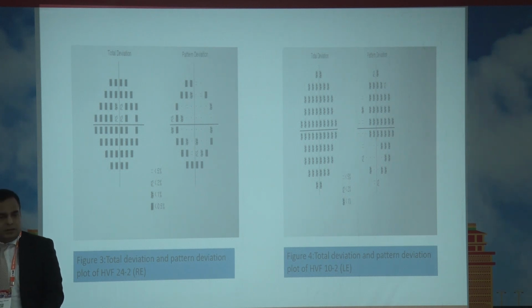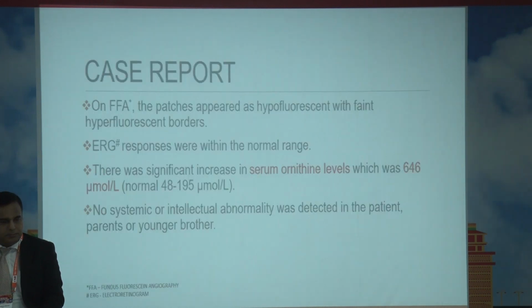As the visual field in left eye was highly constricted, she was advised a 10-2, which also showed a constricted visual field. On fundus fluorescein angiography, the patches appeared as hypofluorescent with faint hyperfluorescent borders. The electroretinogram response was within normal range. There was a significant increase in serum ornithine levels, which was 646 micromole per liter. There was no systemic or intellectual abnormality detected in the patient, parents, or her younger brother.